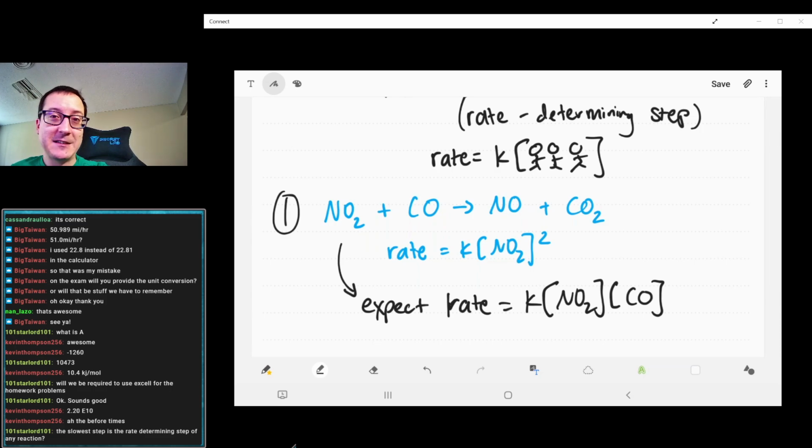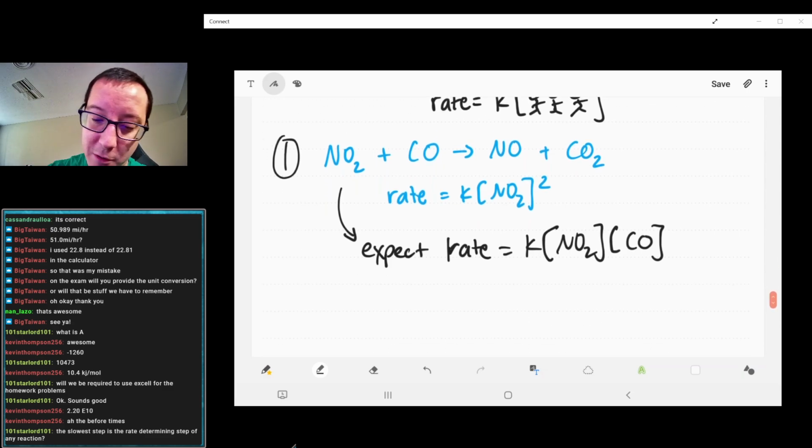However, because it is not, that tells us there are multiple steps going on here. And so I'm going to propose one to you.